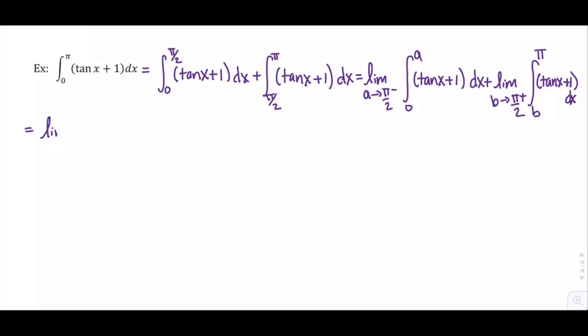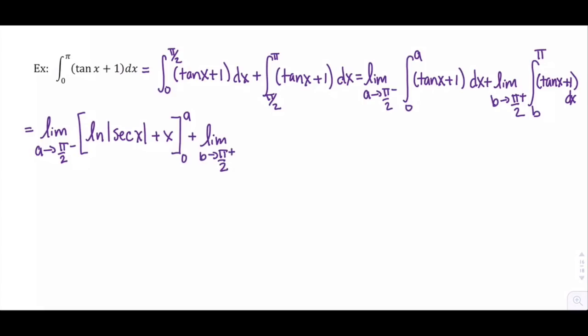So this will now become the limit as a goes to pi over 2 from the left of the natural log of secant of x plus x, evaluated from 0 to a, plus the limit as b goes to pi over 2 from the right of the same thing, natural log of absolute value of secant of x plus x, but this is now evaluated from b to pi.